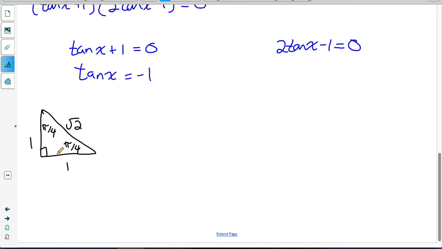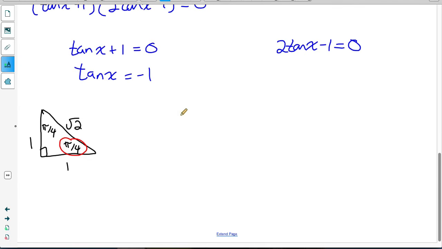So we always want to use the special triangle to get an exact answer for the angle, if possible. We don't want to use the inverse tan ratio to get approximate values if we don't have to. So notice from this special triangle, tan of pi over 4 would be opposite over adjacent, 1 over 1. So tan of pi over 4 is 1.